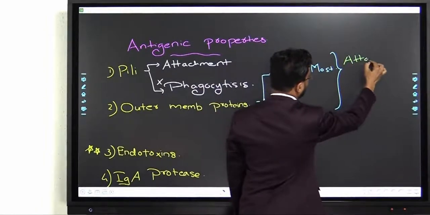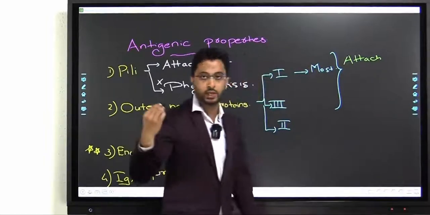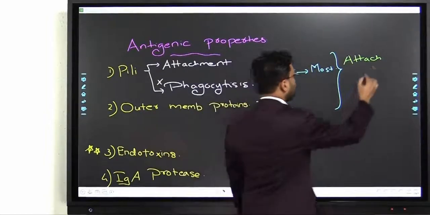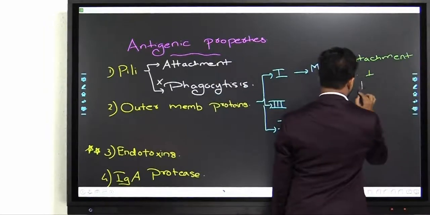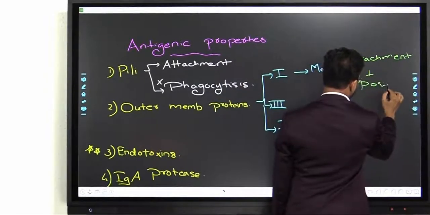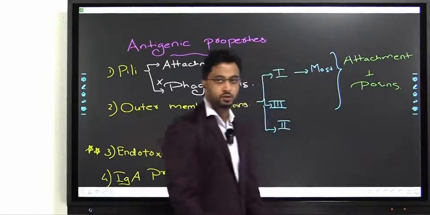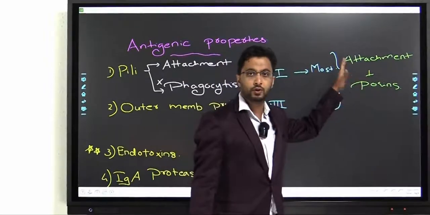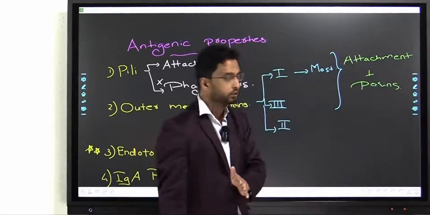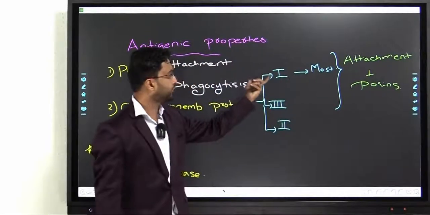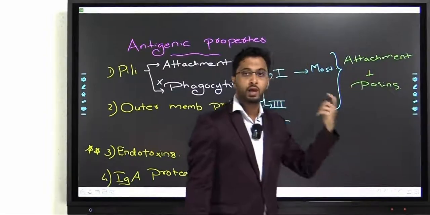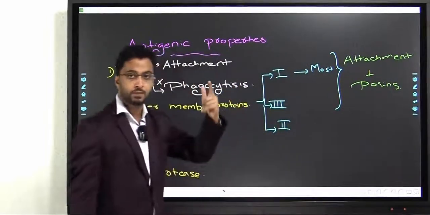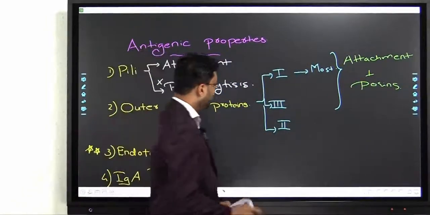Types 1 and 3 have a common function, that's why I wrote them together. They help in attachment, plus they act as porins, that means minute pores for exchange of particles between the two cells. So of types 1 and 3, type 1 is most important, and they help in attachment and also act as porins for exchange of materials.